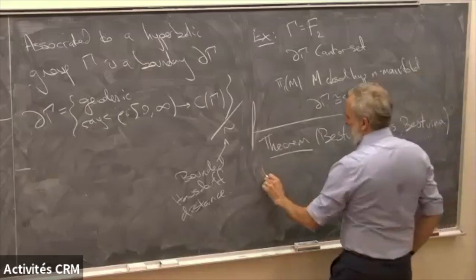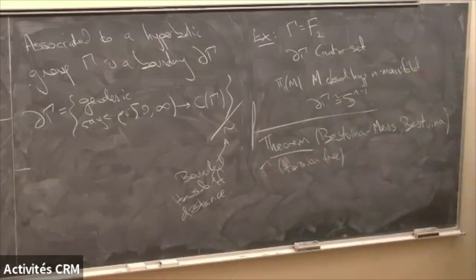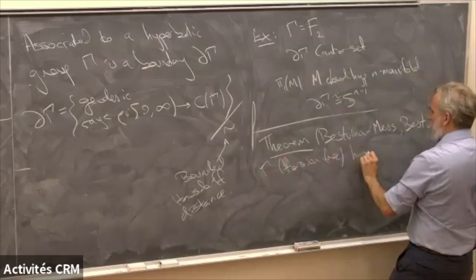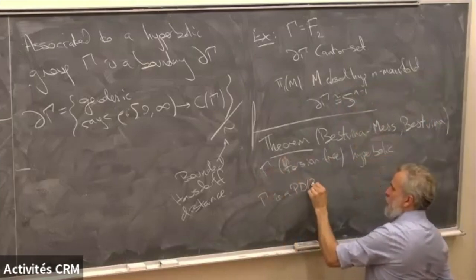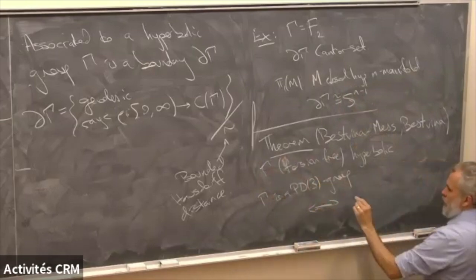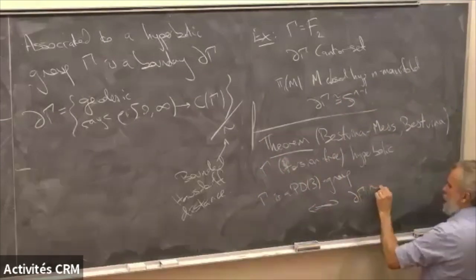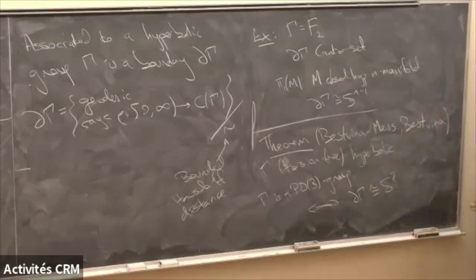If gamma is, let's assume torsion free, because otherwise we don't have a chance of being a fundamental group of a finite dimensional aspherical space, torsion free and hyperbolic, then gamma is a PD3 group if and only if the boundary of gamma is this thing that we would have got from this example, up to homeomorphism. There's no metric statement here.